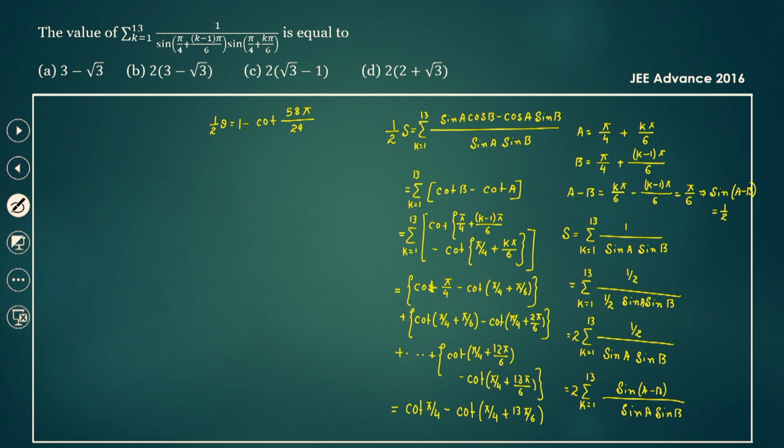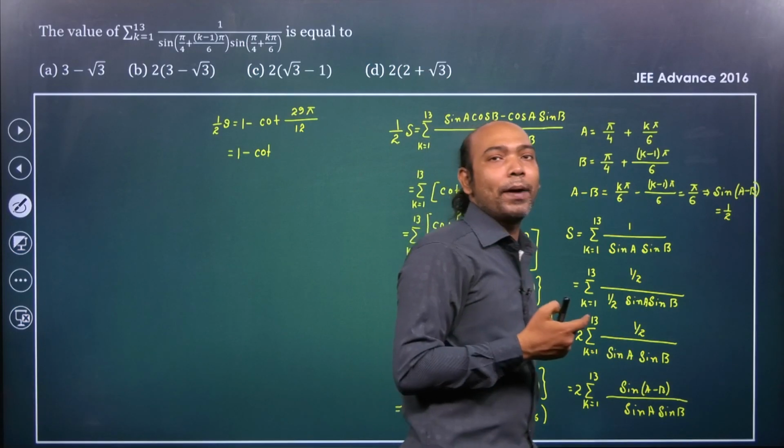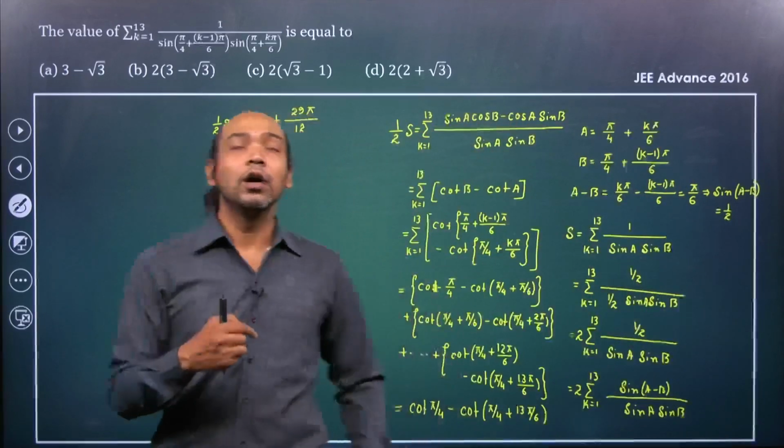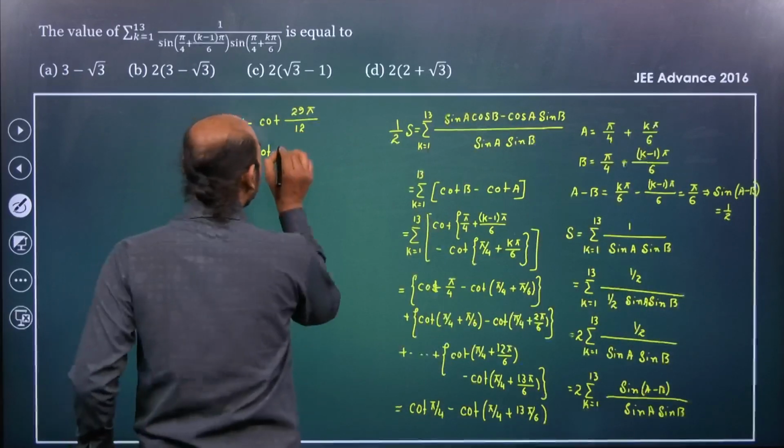Now this line I just changed, because you can easily divide it by 2. So it will become 29 divided by 12 pi. Okay. That's it. Now this 29 divided by 12 pi can easily be written as cot of pi and 29 divided by 12. So that gives you 2 pi plus 5 pi by 12.